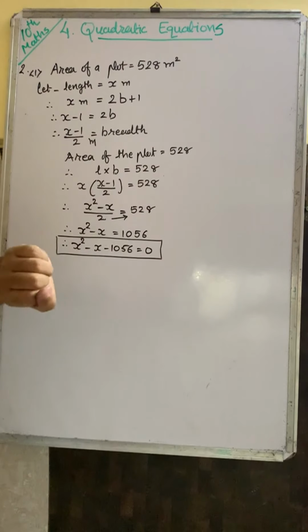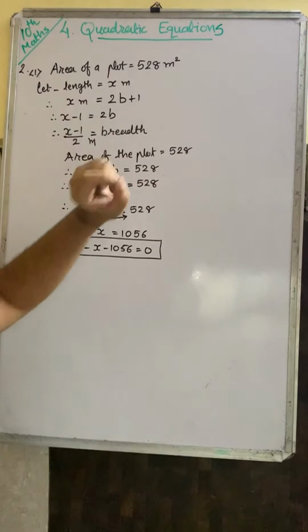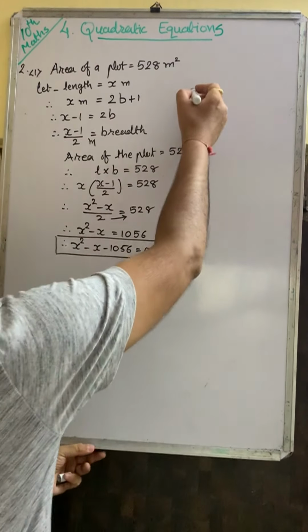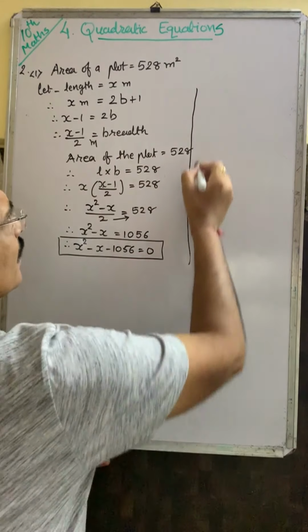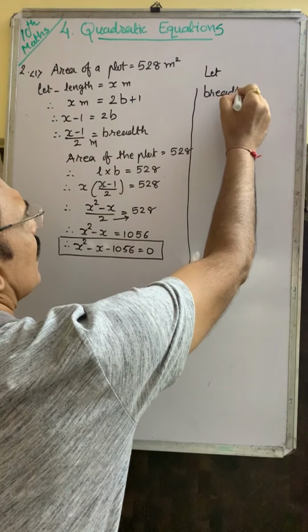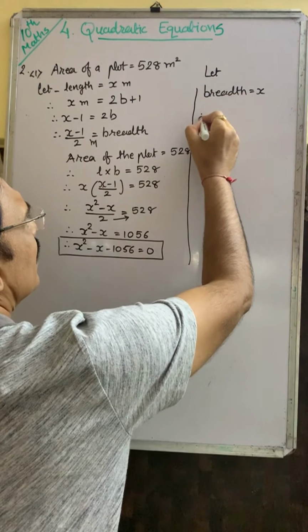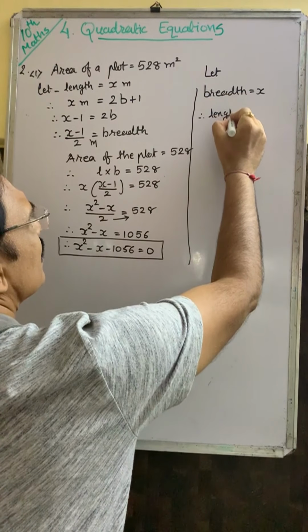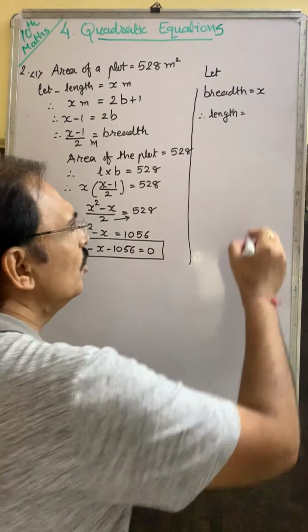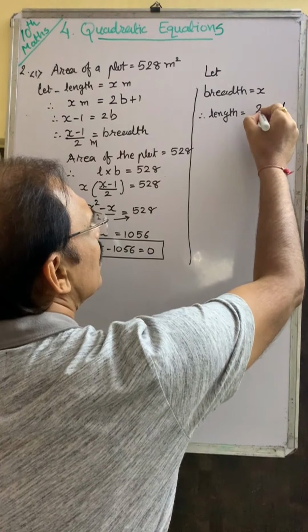Here in this question you can suppose breadth is x. If you suppose breadth is x, another method: let breadth equals x, then length equals what? Length is 1 more, plus 1, than double the breadth.